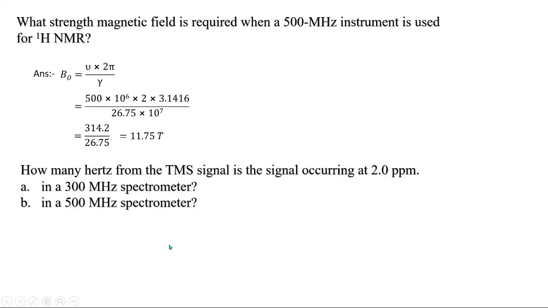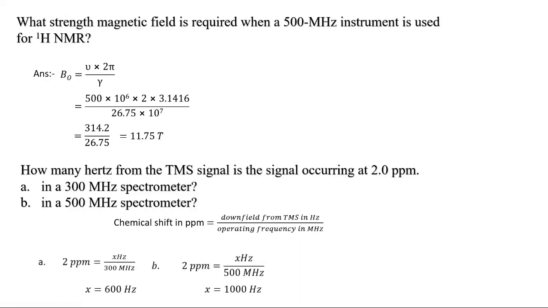If you know the formula, the chemical shift in ppm equals the shift downfield from TMS in hertz divided by the operating frequency in megahertz. The chemical shift value is given as 2 ppm, so we put that in.